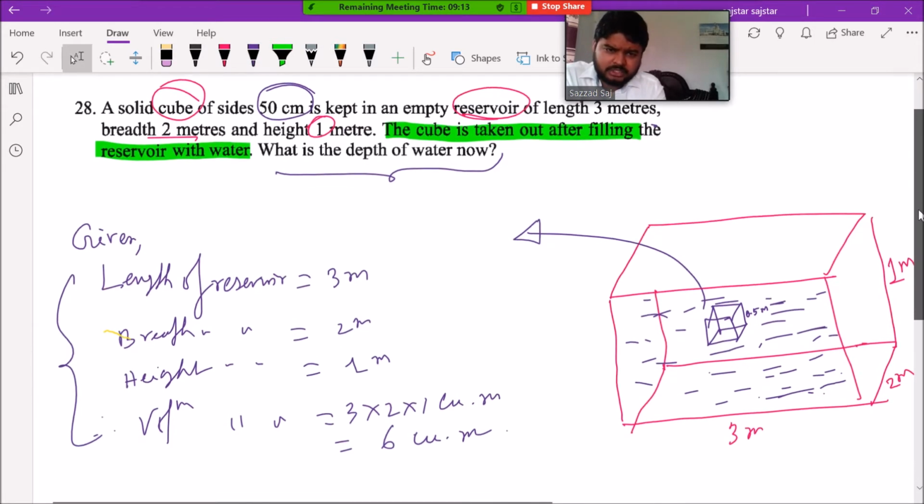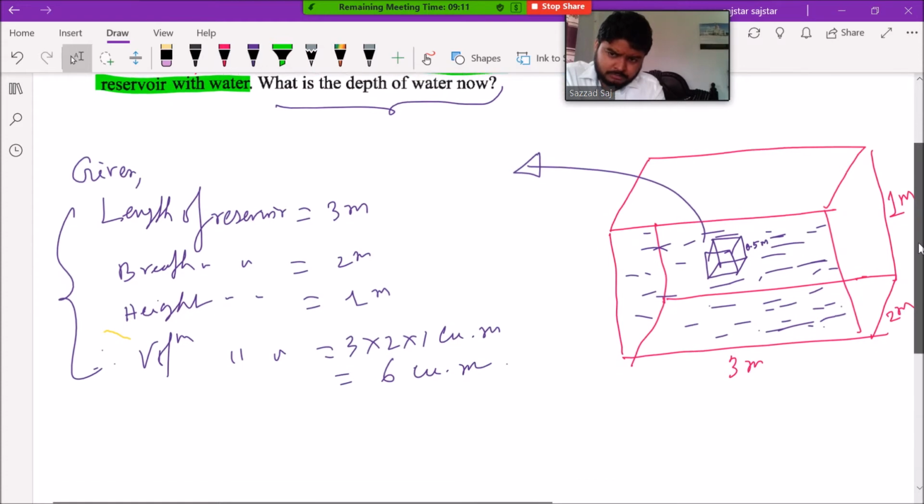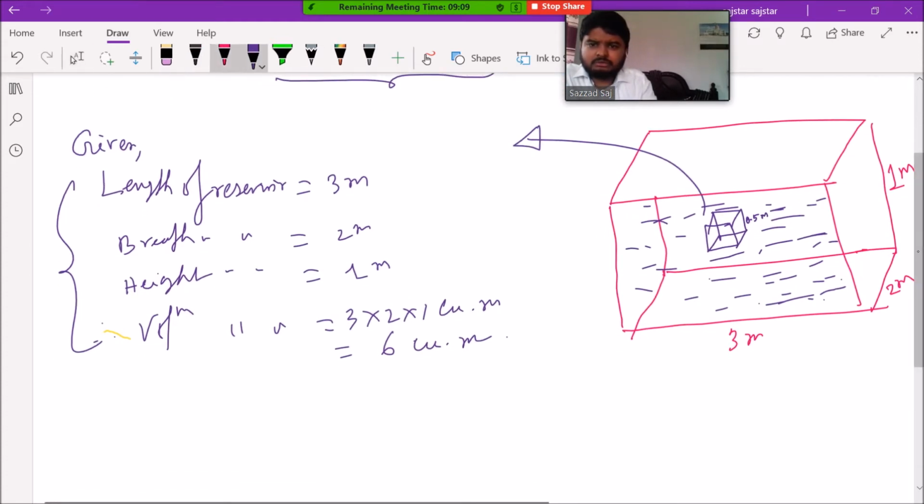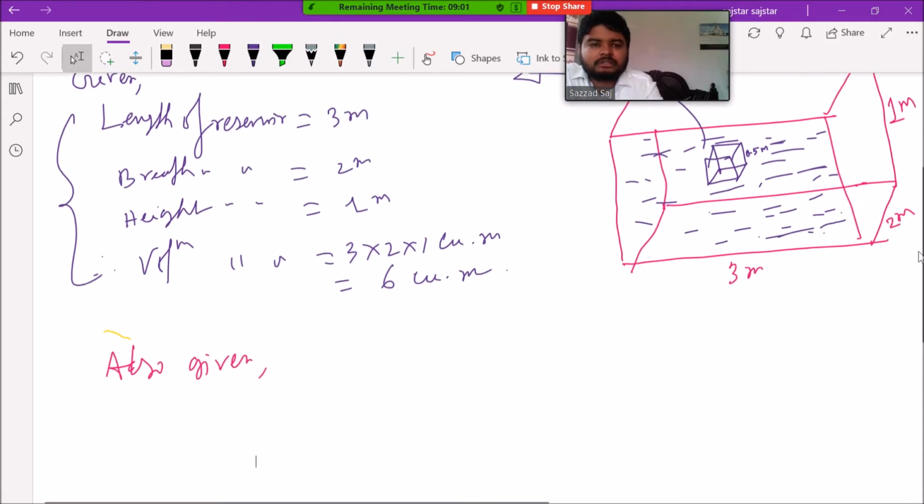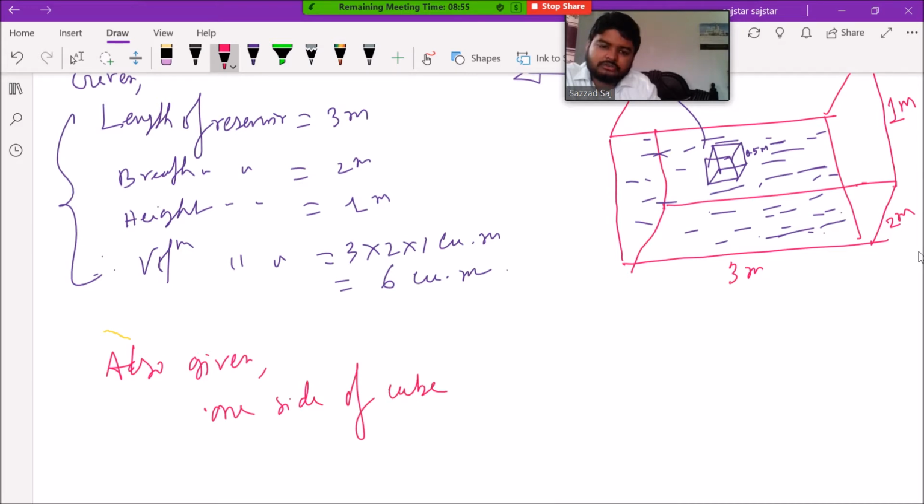In the second part we will find out the volume of the cube. Also given, one side of the cube equals 50 centimeter equals 0.5 meter.